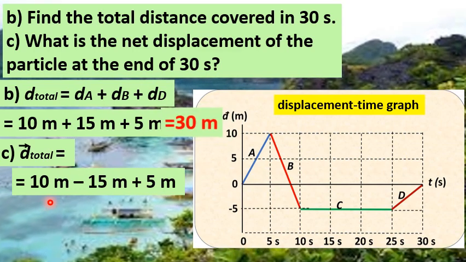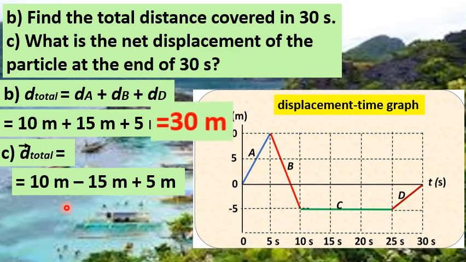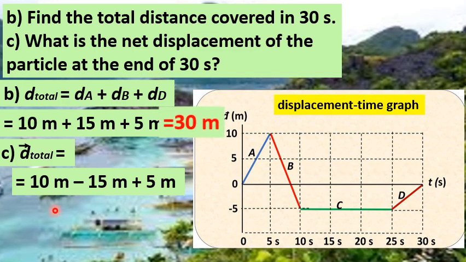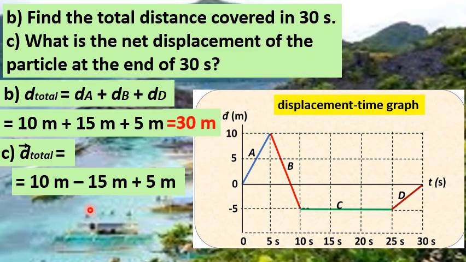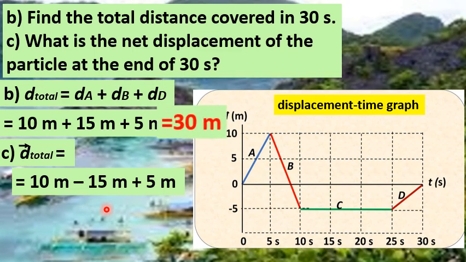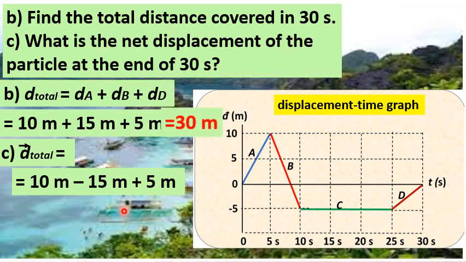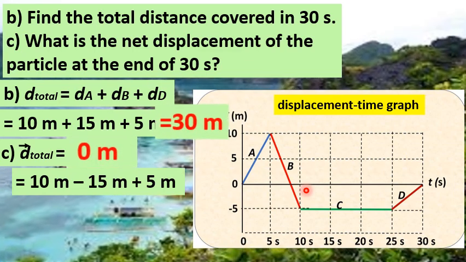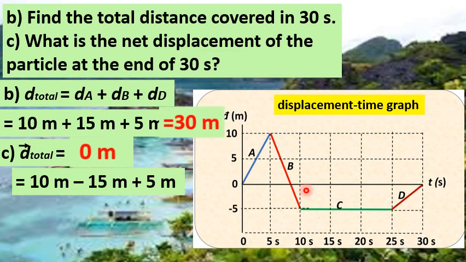And then, for segment B, that's a net displacement of negative 15, so we have here minus 15 meters. And lastly, for segment D, that is a displacement of positive 5 meters. So for a total of 0 net displacement.